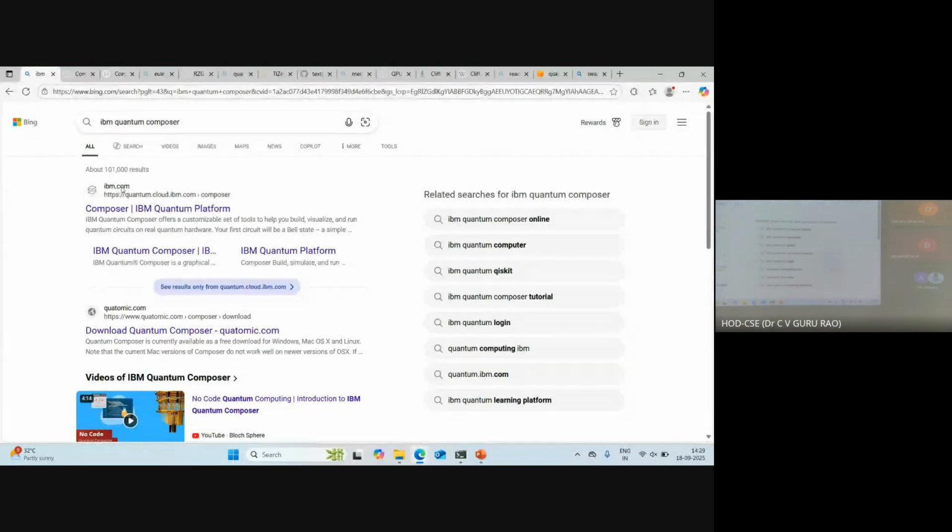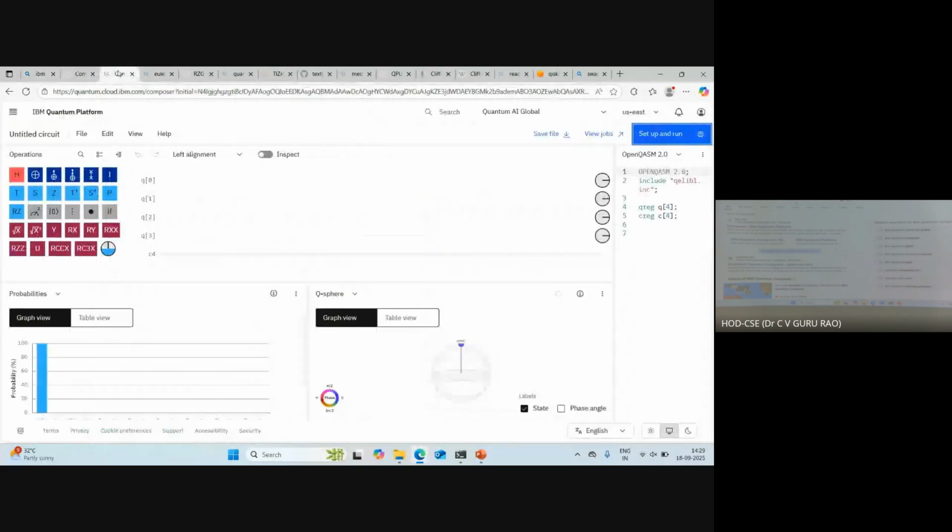This IBM Quantum platform, this composer. If it is slow, no worry. I'll just show you how this composer will look like.